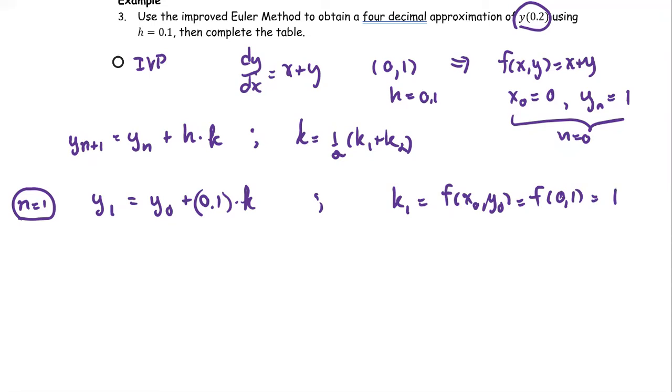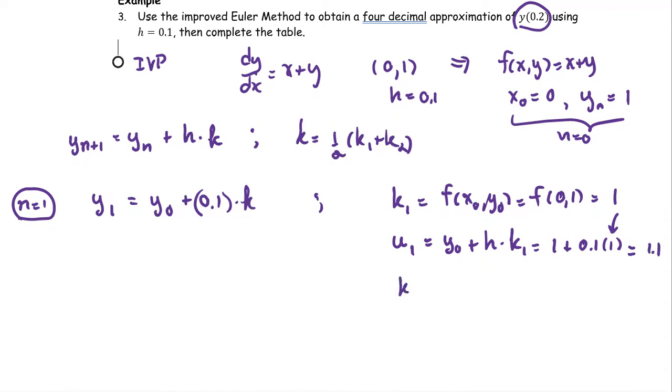And then we're going to use the predictor, which is u1. u1 is the same computation as the regular Euler method. That means we can get it as y0 plus h multiplied by k1. y0 is 1, h is 0.1, and k1 is 1 from the previous computation. Now we get u1, or the predictor, is 1.1.